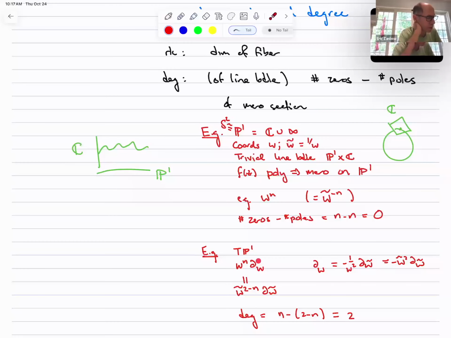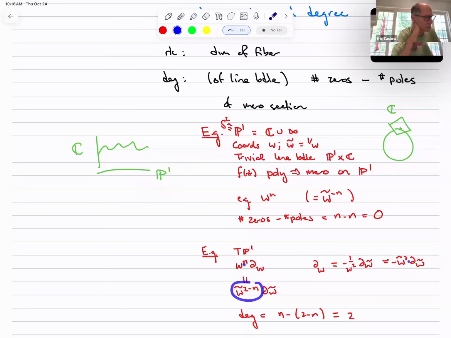Okay, so if we look at this meromorphic vector field, it has n zeros at w equals 0. Now, if I look at the patch that covers infinity, I have to look in the w twiddle coordinates. So I rewrite d by dw in terms of d by dw twiddle, and then this becomes w twiddle to the 2 minus n.